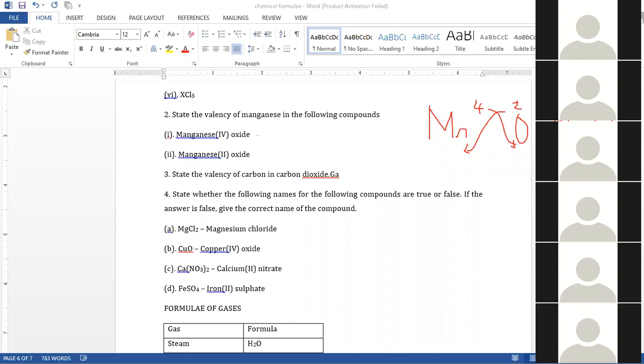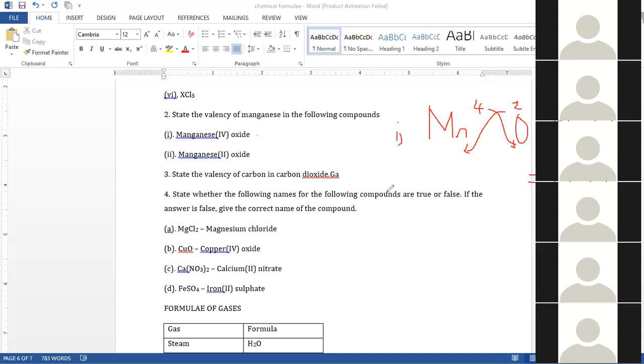Even this oxygen was a valence of manganese. So we get the simplest ratio. Which factor do we have here? 2 and 4. So we divide through by 2. This gives us 1, this gives us 2. So I'll write it as manganese O2. Okay.